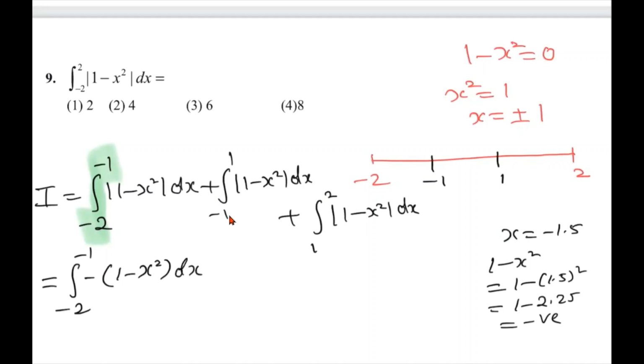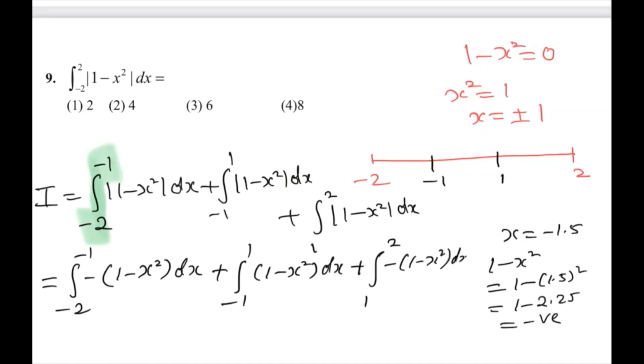Now between minus 1 and 1, 1 minus x square is always positive. To verify that, you take any point, say 0 lies between minus 1 and 1. If you put x equal to 0, the value becomes 1, which is positive. So this will be as it is, but without mod dx. Whereas 1 minus x square will be negative whenever x lies between 1 and 2. So we can write this as 1 to 2 minus of 1 minus x square dx.